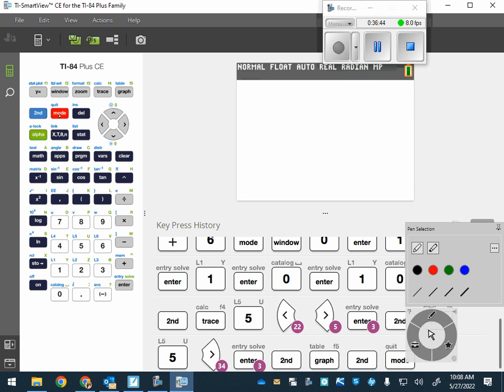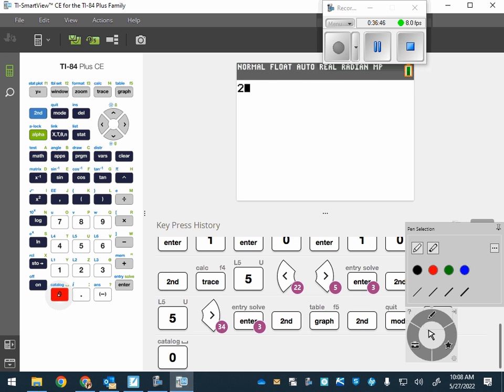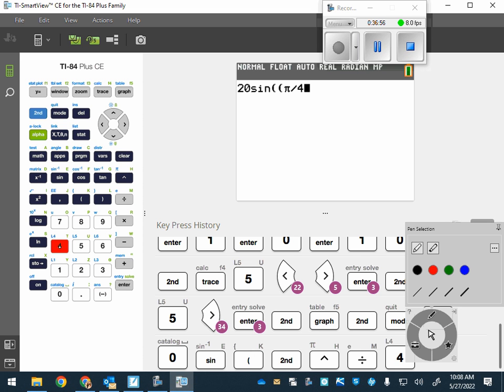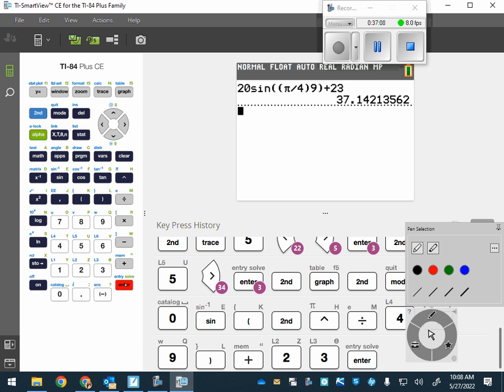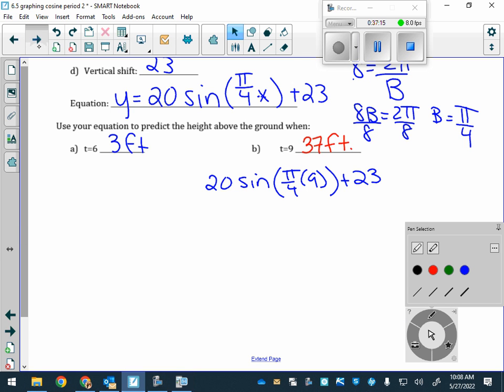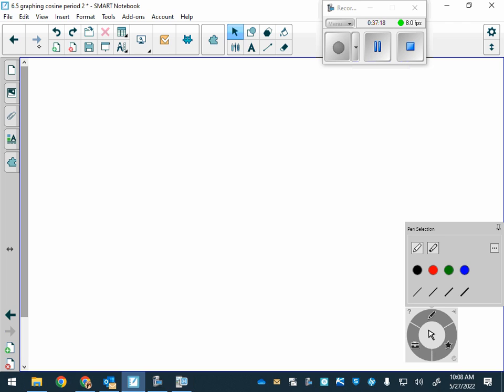Okay, so we have 20 sine, parentheses, 2 sets, second caret divided by pi over 4 times 9 plus 23. Okay, any questions, you guys? I think we're good for today.